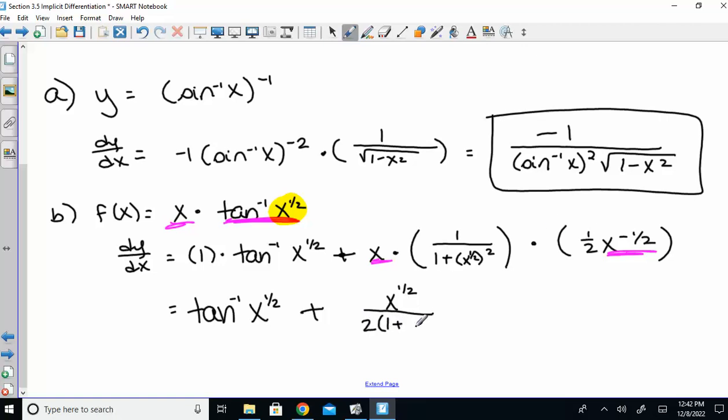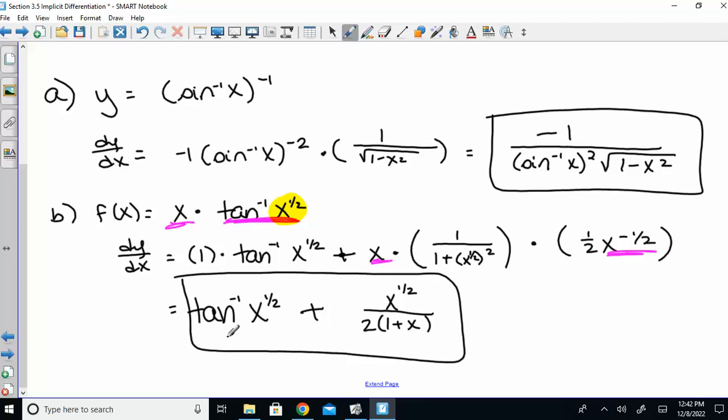So I'll put a 2 on the bottom. Questions? A little bit uglier.